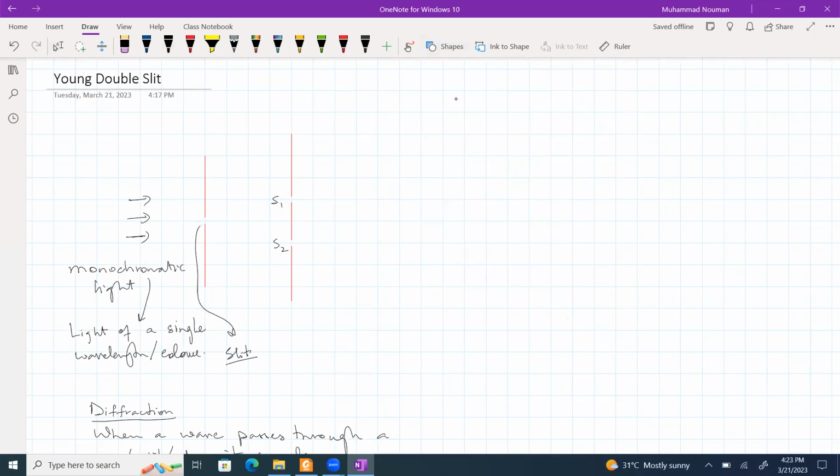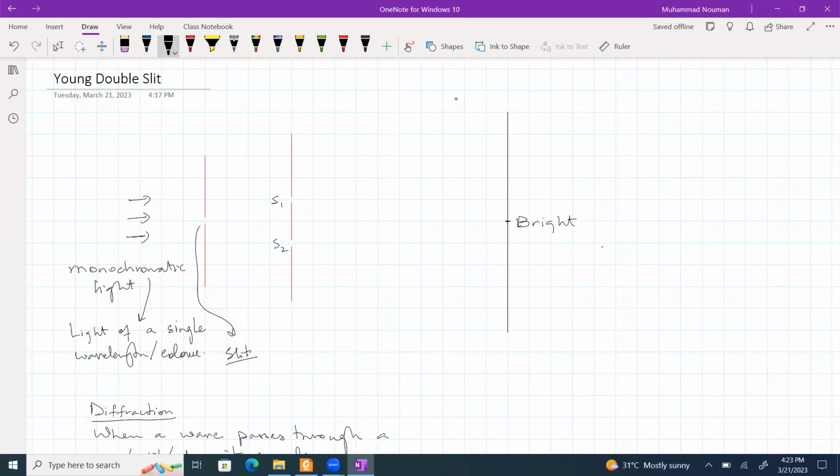Let's say this is going to be a screen on which we are obtaining a kind of a pattern. Okay, and the pattern is, first of all, at this point, we get the bright fringe.